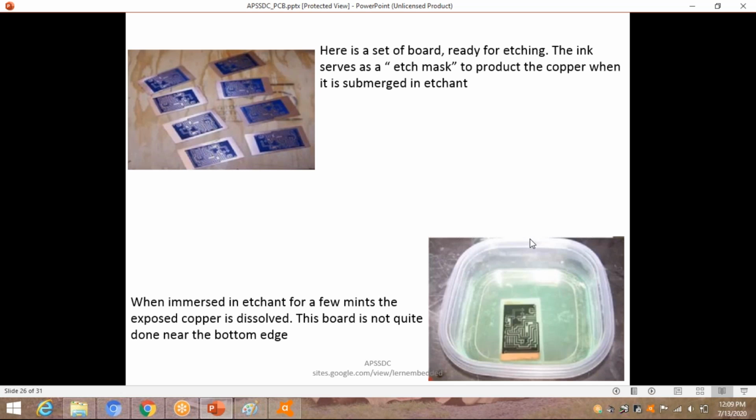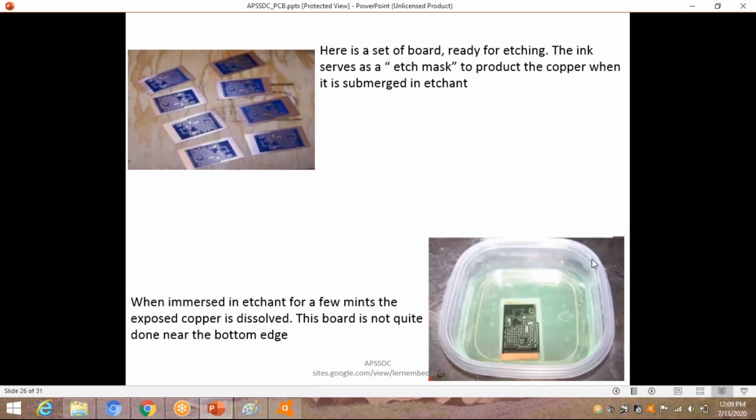Observe here, guys. In the bowl, you can observe an area where copper is directly visible. All that copper will be etched in the etchant. This is an etching solution. Please make a note of it. The etching solution is known as ferric chloride or ferrous chloride.